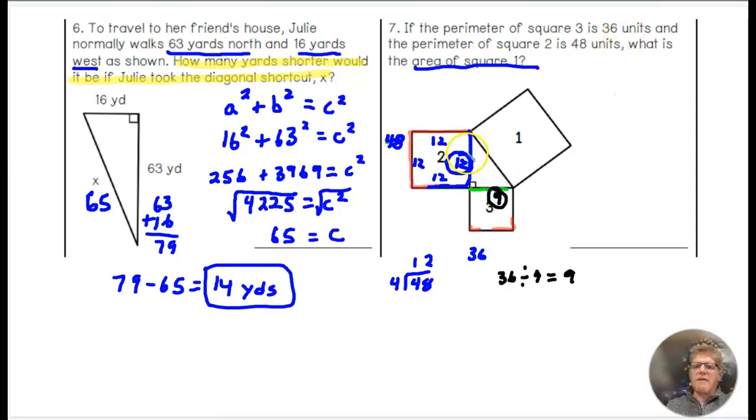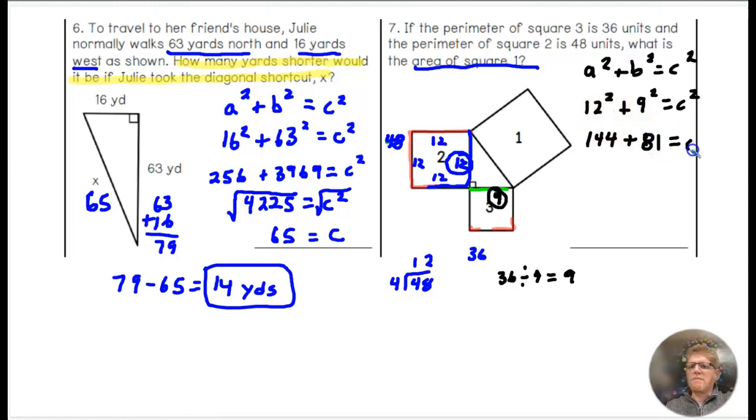So we have a squared plus b squared is equal to c squared. We'll take a, we'll call that 12. 12 squared plus b squared, which we said b was 9, right? Because of the side lengths there, 9 squared is equal to c squared. So that's 144 for 12 squared plus 81 for 9 squared.